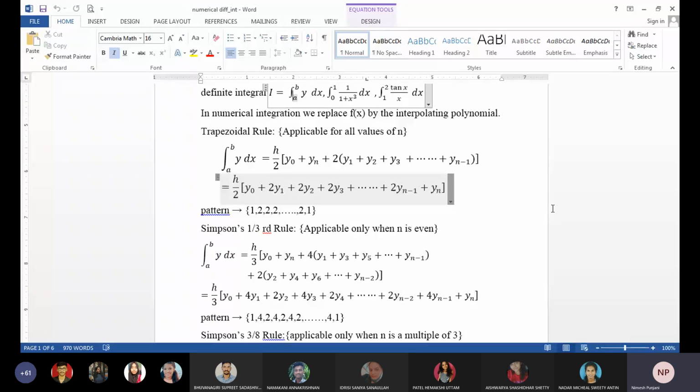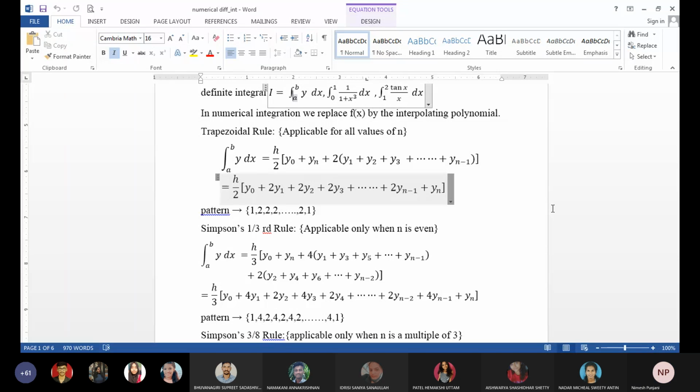All terms with odd suffix, that means y1, y3, y5, y7, all of them will have the coefficient 4. All terms with even suffix will have the coefficient 2.